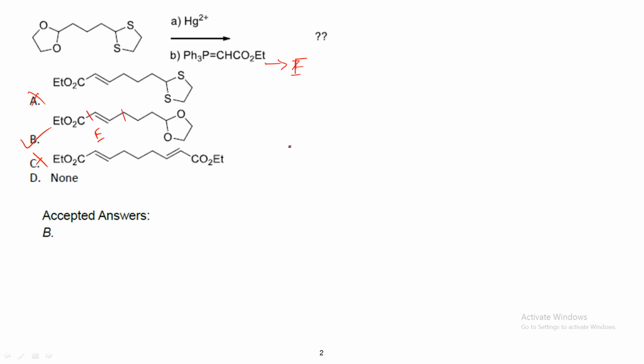So let's look at the mechanism briefly. This is the oxygen protected partner, and there are three carbons in between, and this is the sulfur protection.